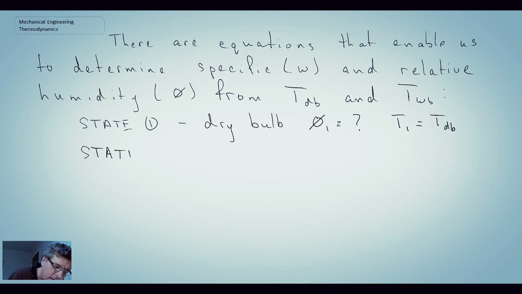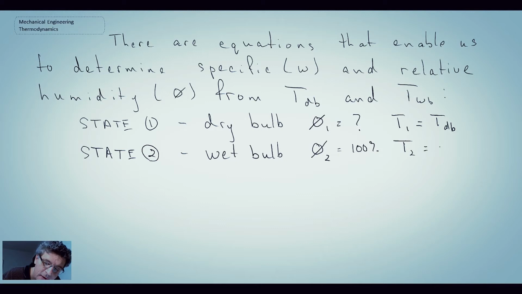And then state 2, this is the wet bulb temperature. Here, the relative humidity is 100%, it's fully saturated, and the temperature at state 2 is equal to the wet bulb temperature. So those are the two states.